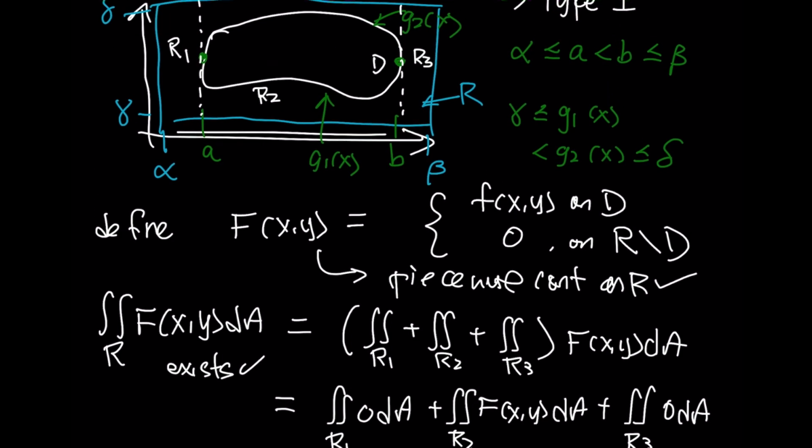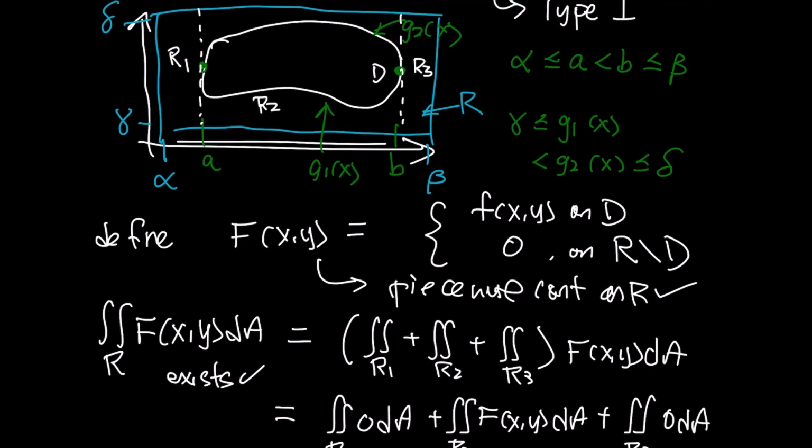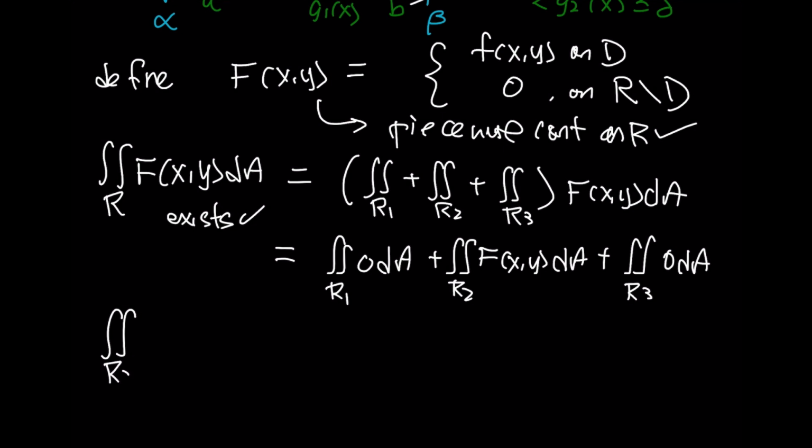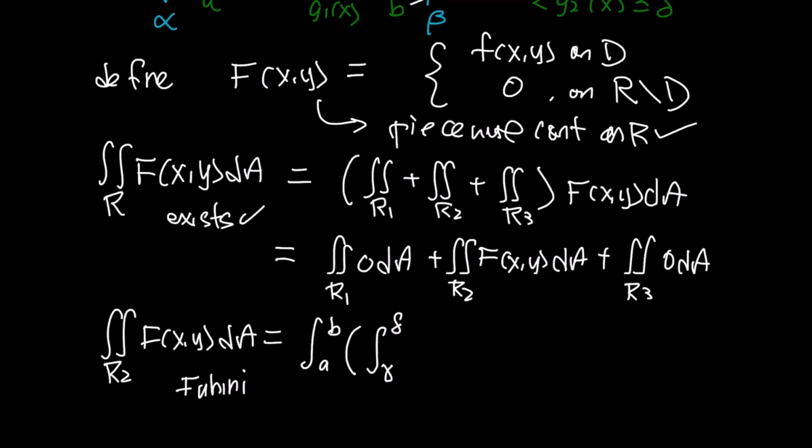Now, if we look again here at rectangle 2, it's bounded from little a to little b. So what happens is that if I'm interested in calculating things on rectangle 2, this is going to be, by Fubini's theorem, an iterated integral from a to b, and then I'll have an integral here from gamma to delta of this function because I'm just bounding it by that rectangular box.